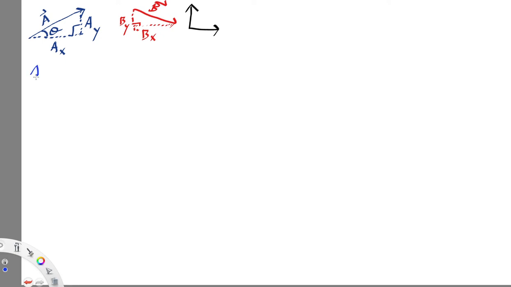Our goal is going to usually be to take the information we're given about a vector, write it in component form, do math on it, and then convert it into some form that's easy to talk about. So our goal is to write down an arrow hat, which means a vector.